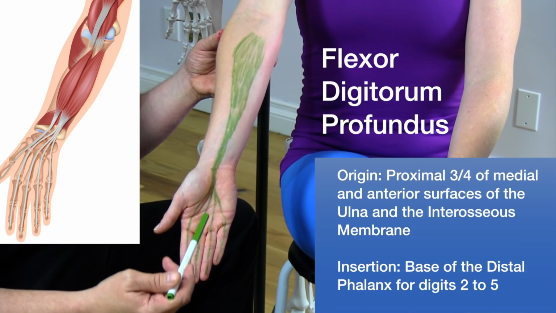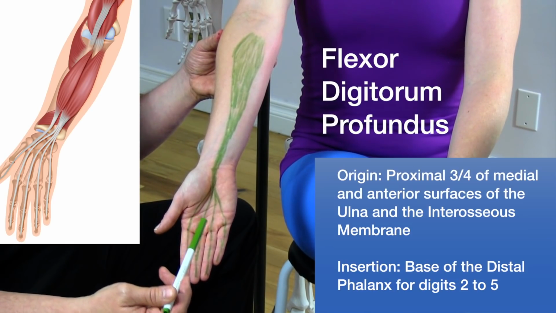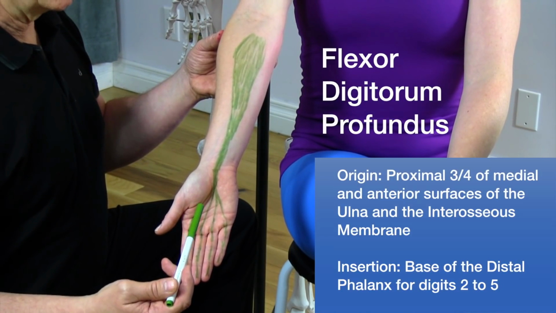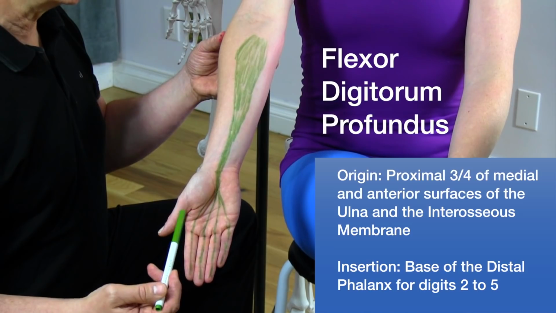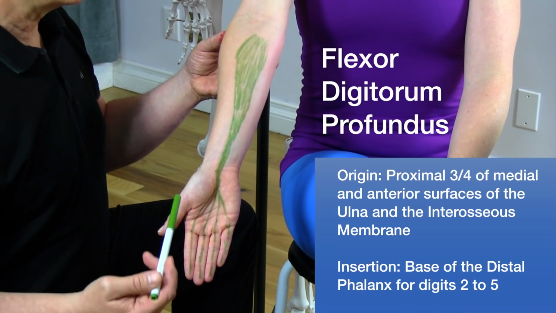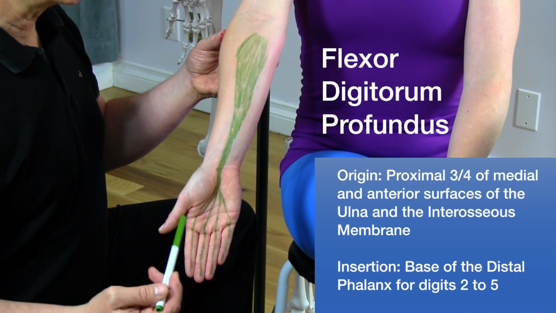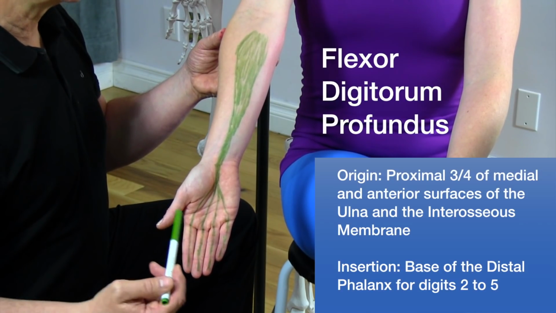At the level of the metacarpals, these tendons attach to the lumbrical muscles. This is very important. Now, the actions of this muscle are that it flexes the third phalanx towards the second and participates in flexion of the other 2 phalanges.